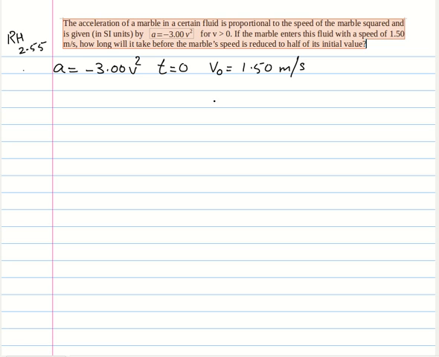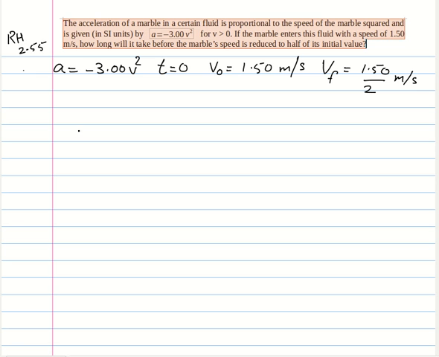That is, when the marble enters the fluid, we take that time to be 0, and v naught, the initial speed with which the marble entered the fluid, is 1.5 meters per second. So what we have to find out is how much time it takes so that the marble speed is half of this value. That is, how much time does it take so that v final is 1.5 by 2 meters per second.